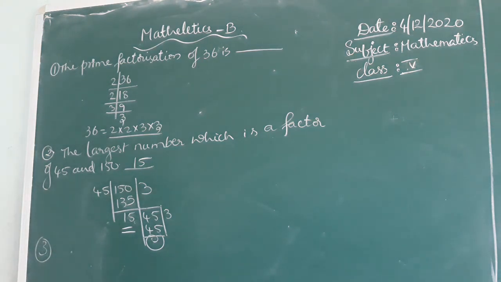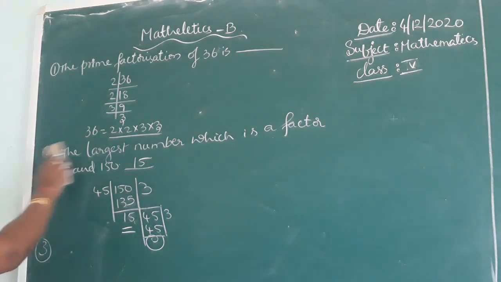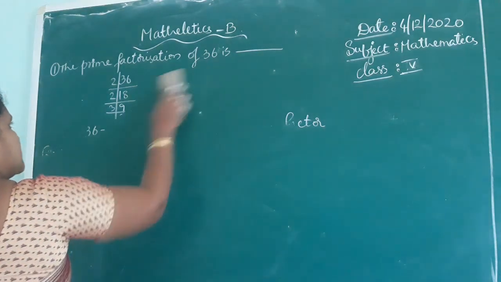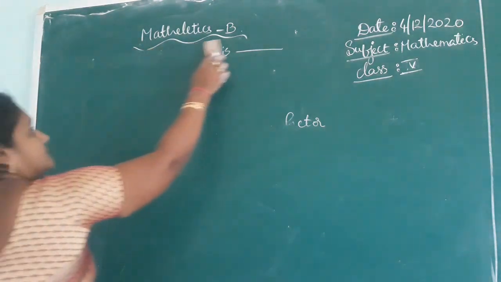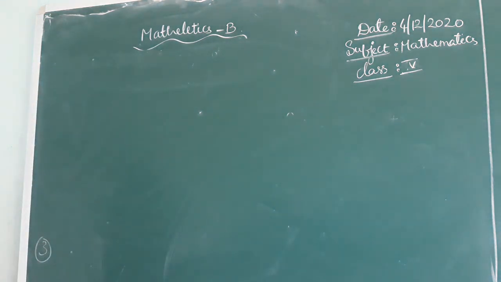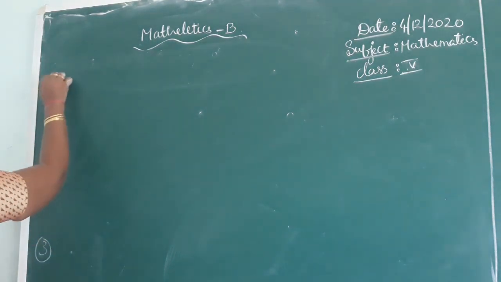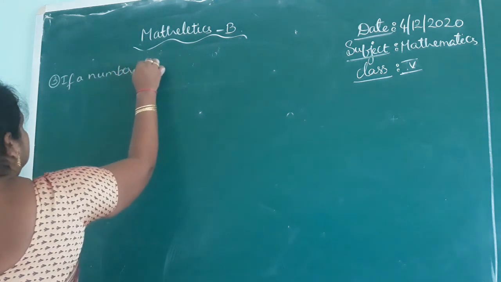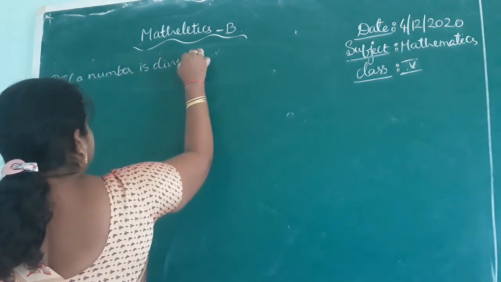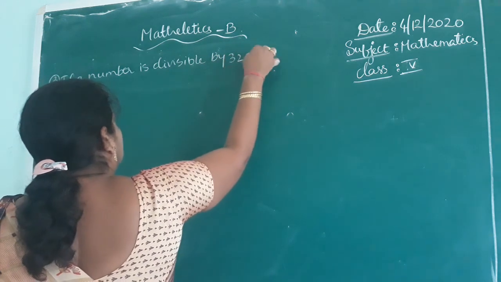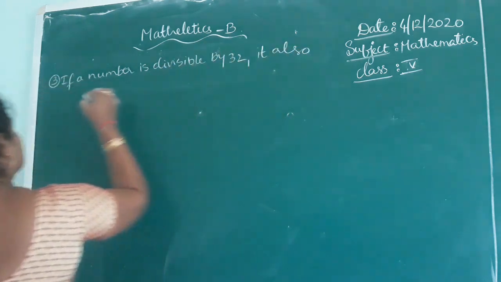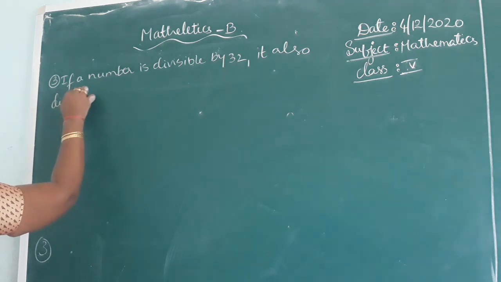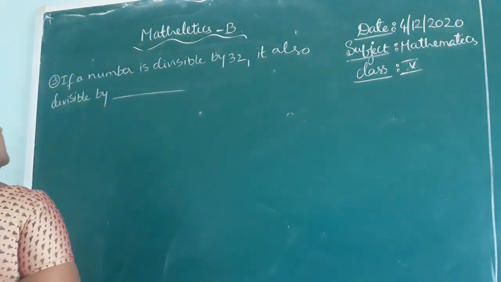See the third one. If a number is divisible by 32, it is also divisible by what numbers, children?